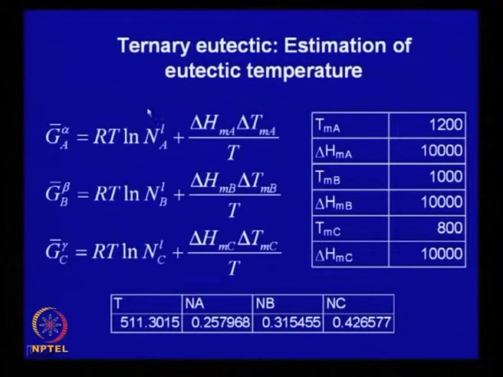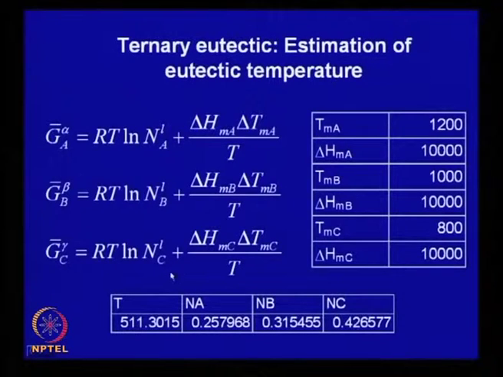For the estimation of that ternary eutectic temperature, these are the 3 equations. Now, here you assume that this is 0, this is a stable phase, it is pure A, and this is 0.